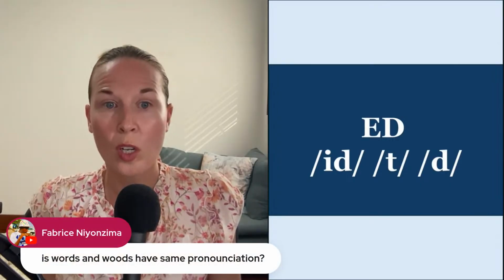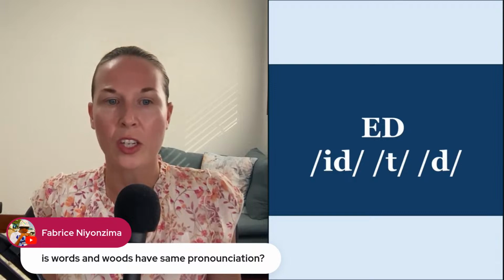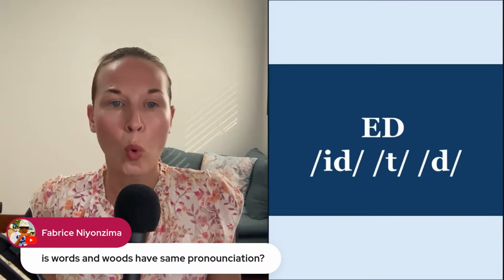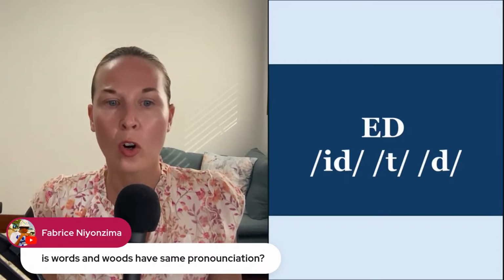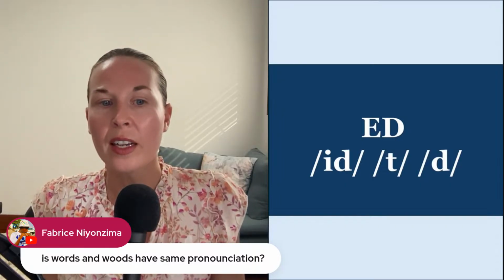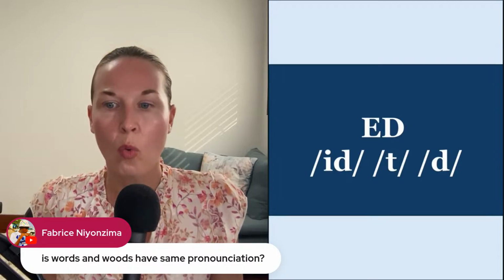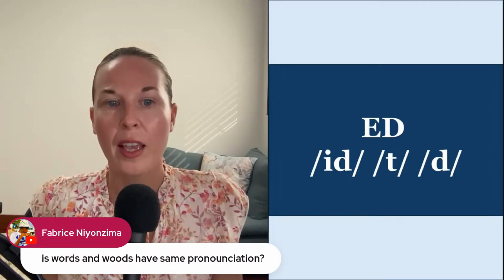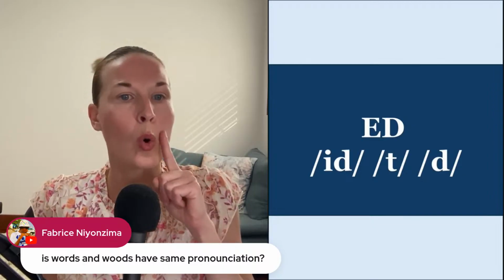Words and woods do not have the same pronunciation. They begin with the same W, were, but this OR is pronounced as were, words, and then woods.